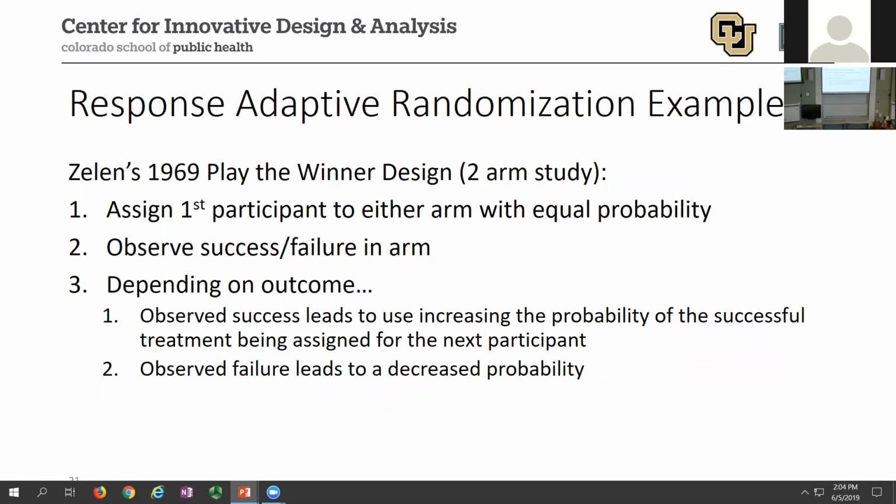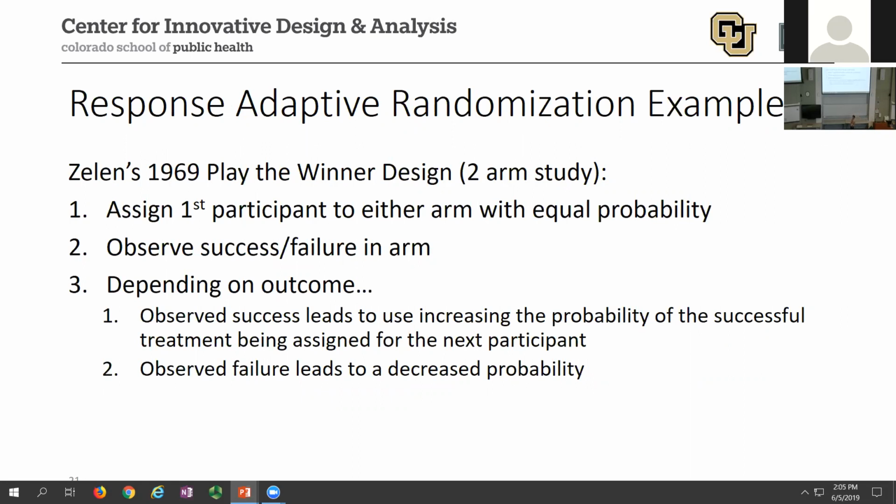So in this approach from Zelen, the first step is that you have one person start in your trial and you randomize them to either of your arms with equal probability and you observe how they do. Depending on what their response is, we have two courses of action. If they show a positive response in their randomized arm, you say, that's interesting, it shows some benefit potentially or evidence for encouraging results in that arm.